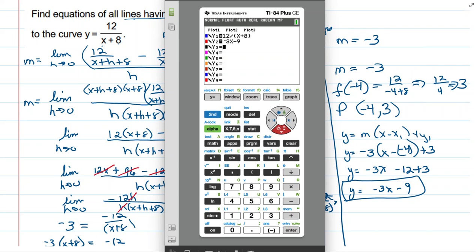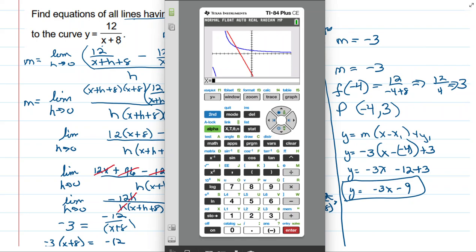A zoom 6 should do it. There it is. Now it looks like it goes through, but we're only looking at a tangent point at this function. Done. Is everybody comfortable?